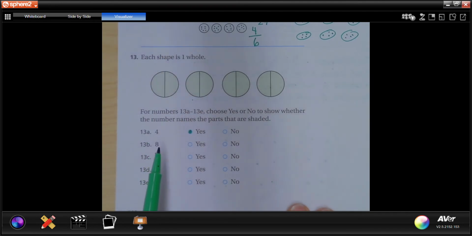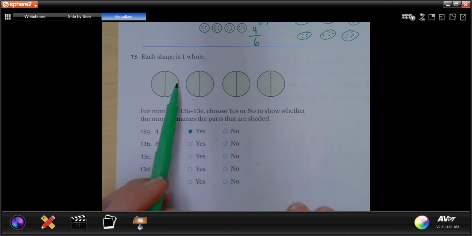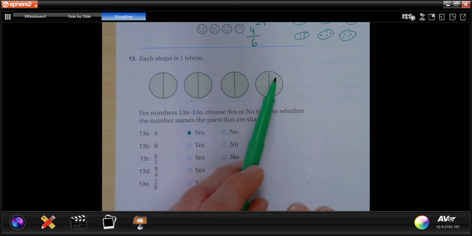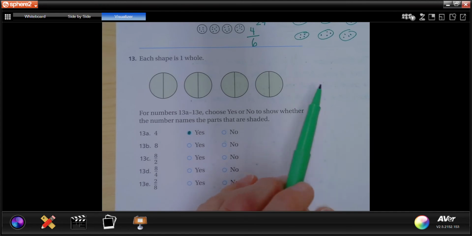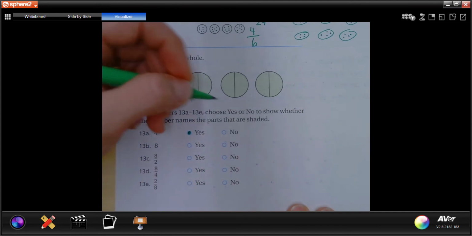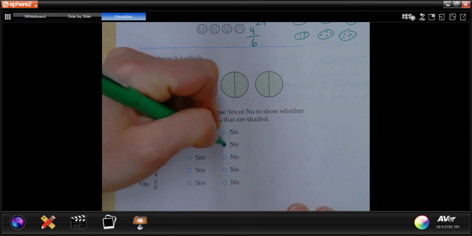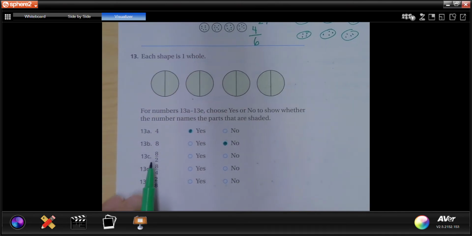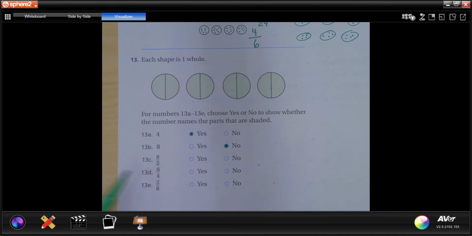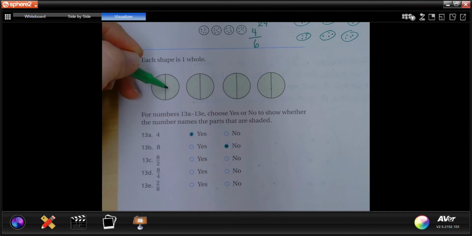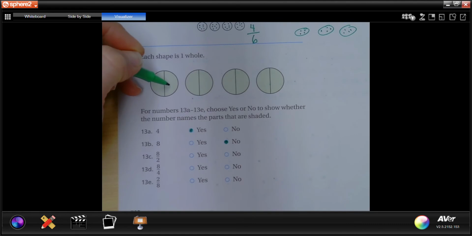13b. Are there 8 whole? 1, 2, 3, 4. There are no more, so no, there are not 8. How about 8 out of 2? Well, if there are 2 in one whole group, 2 would be our denominator.